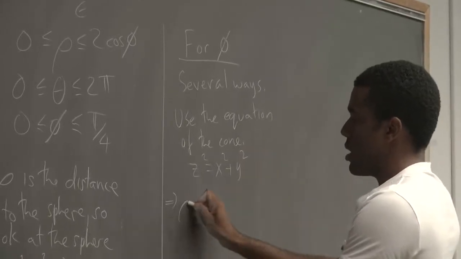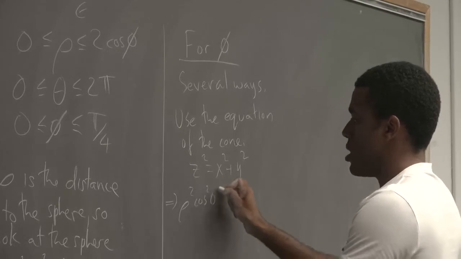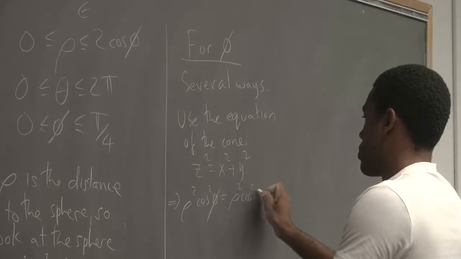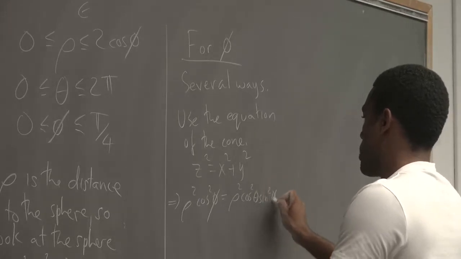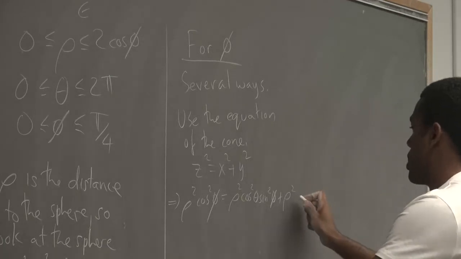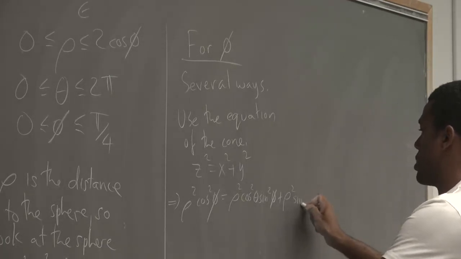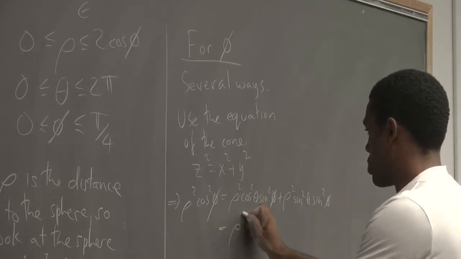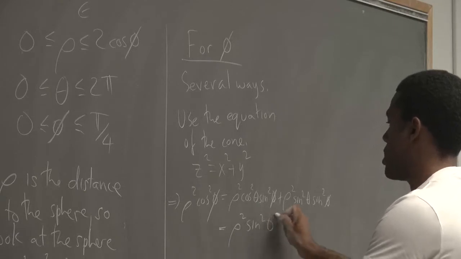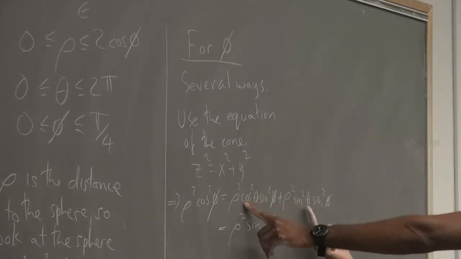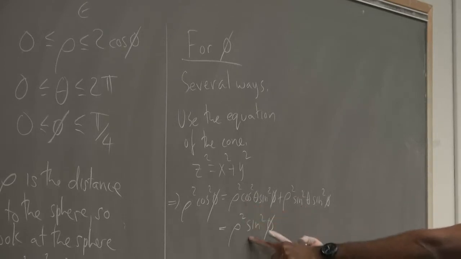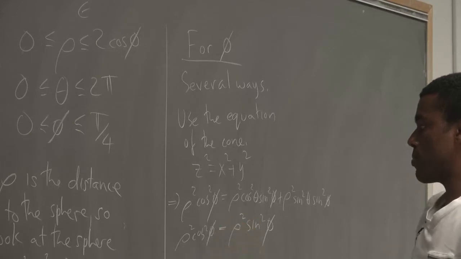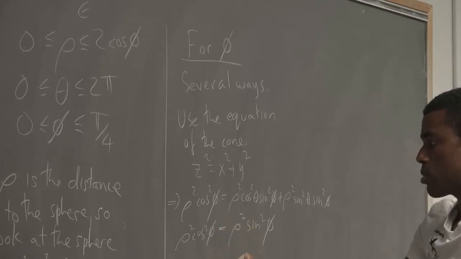This would mean that rho squared cosine squared phi is equal to rho squared cosine squared theta sine squared phi plus rho squared sine squared theta sine squared phi, which is just rho squared sine squared phi, right? Because I factor that out and I get cosine squared theta plus sine squared theta, which is 1, so I'm left with that.